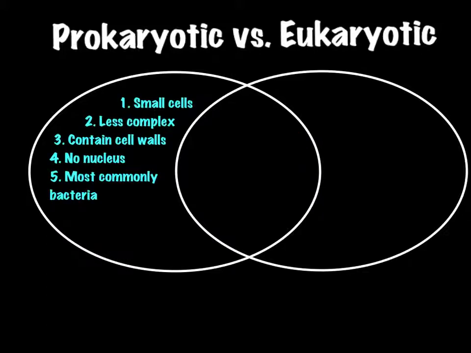Prokaryotic cells typically are smaller cells, and they're less complex. That means that they have less organization, less stuff inside their cell.